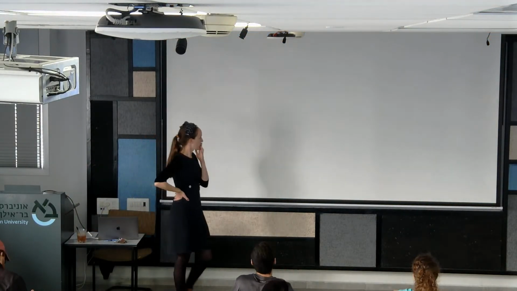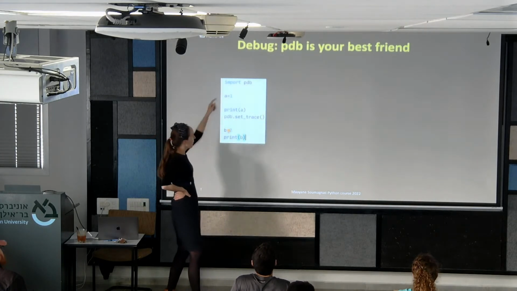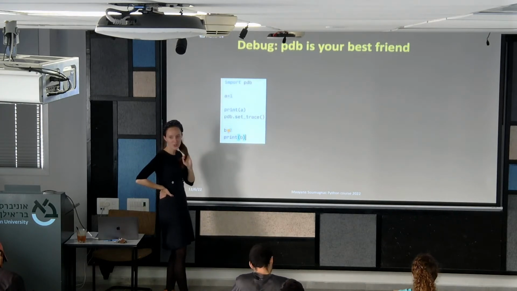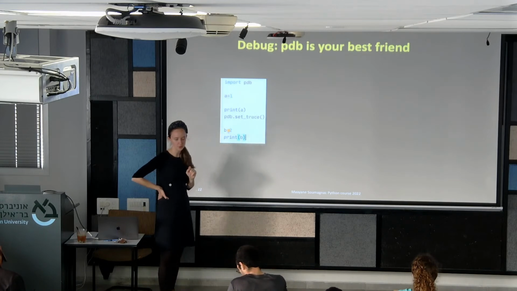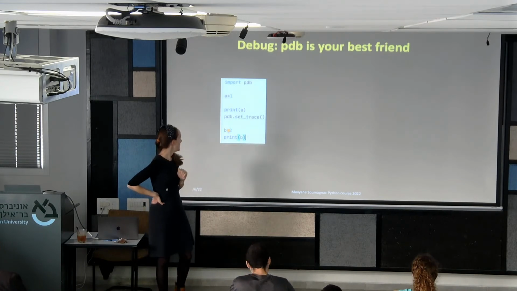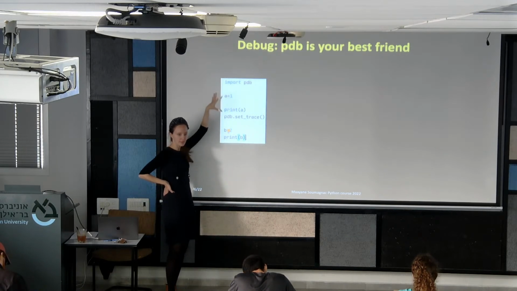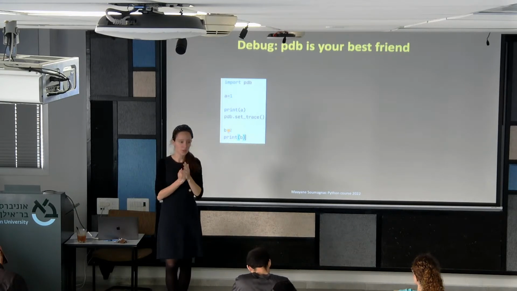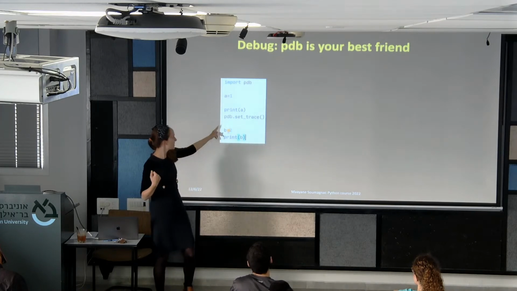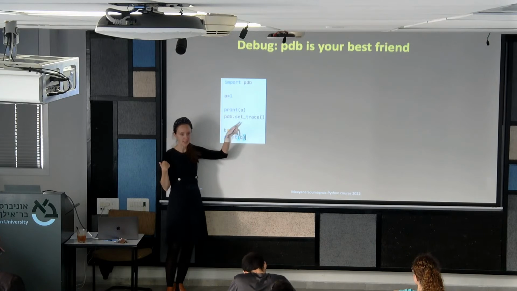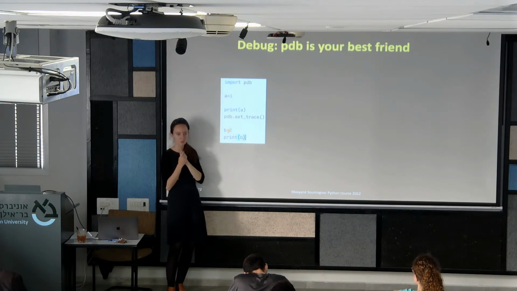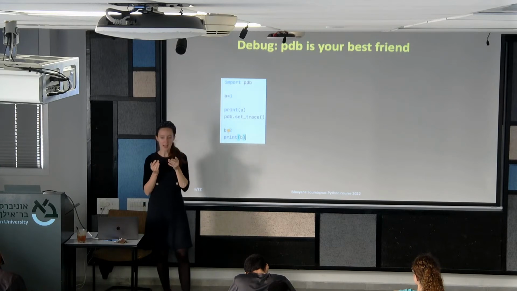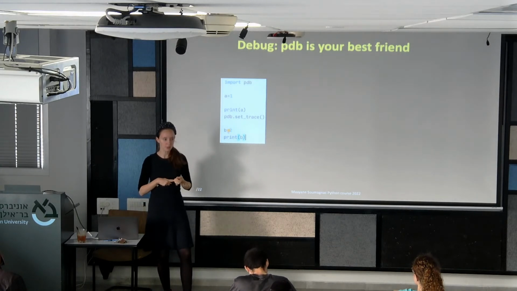Okay, so you import it. I'm pretty sure it's in the standard library, but I'm not sure. You import PDB and then you write your code. Let's say you want the code to stop at a certain point and print something. Then you add this line, pdb.set_trace, and at this point the code stops and asks you to type C to continue or Q to quit.